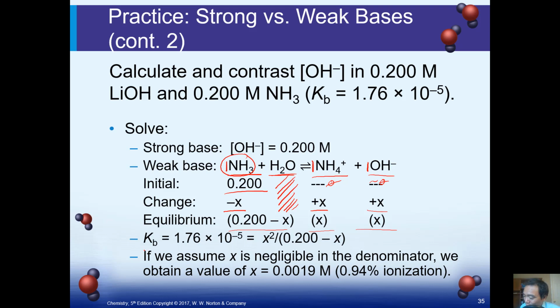The difference, Kb, not Ka. So you write the same thing, x squared. Do you remember? Because Kb over here is very small, so we can use small x approximation. In other words, this x compared to initial 0.2, it's negligible. In other words, you can rewrite this thing as this. So that's how you can do the calculation of x.